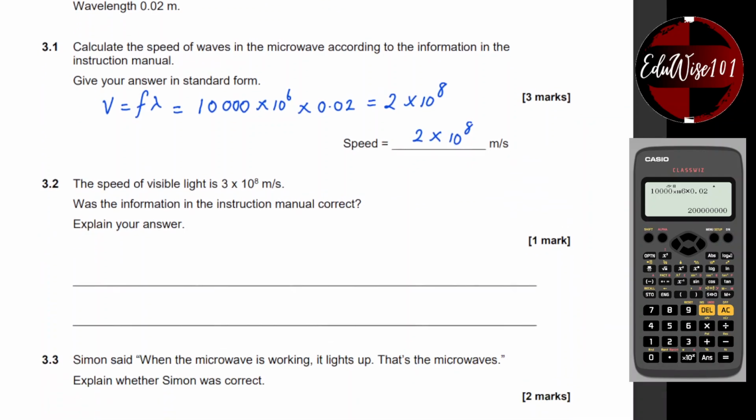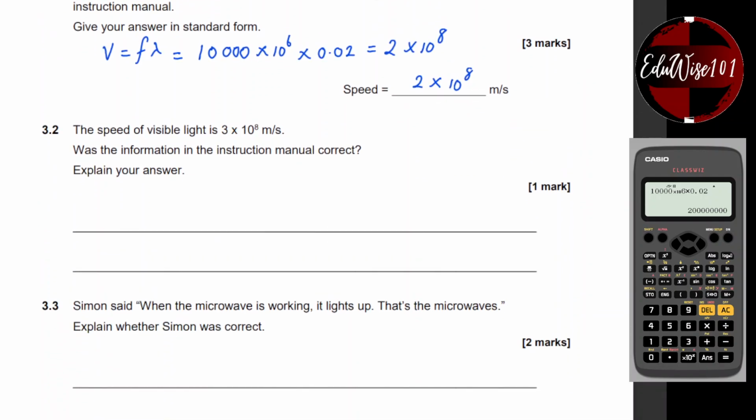Question 3.2. The speed of visible light is 3 times 10 to the power 8 meters per second. This is 300 million meters per second. Was the information in the instruction manual correct? No. The instruction in the manual was not correct.